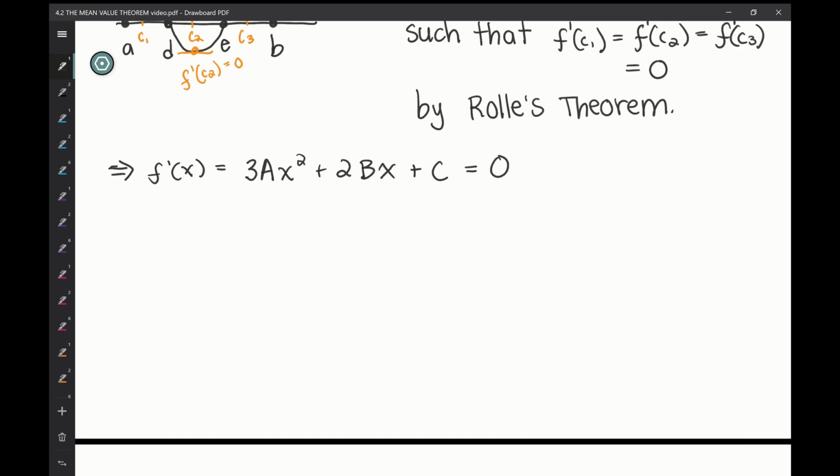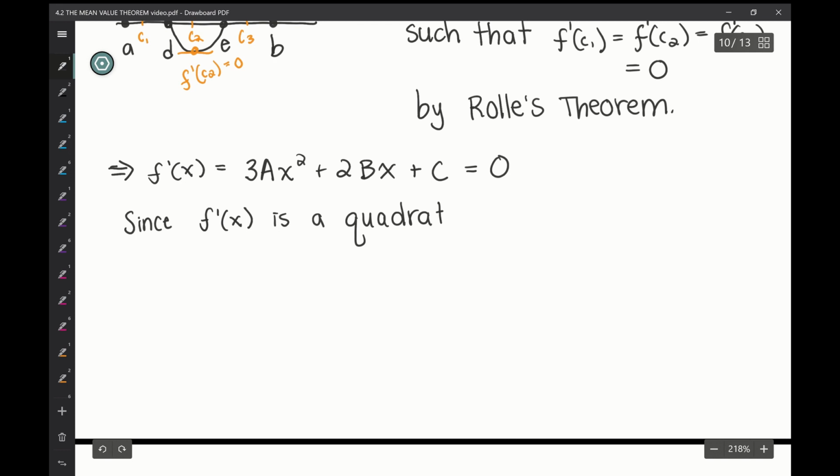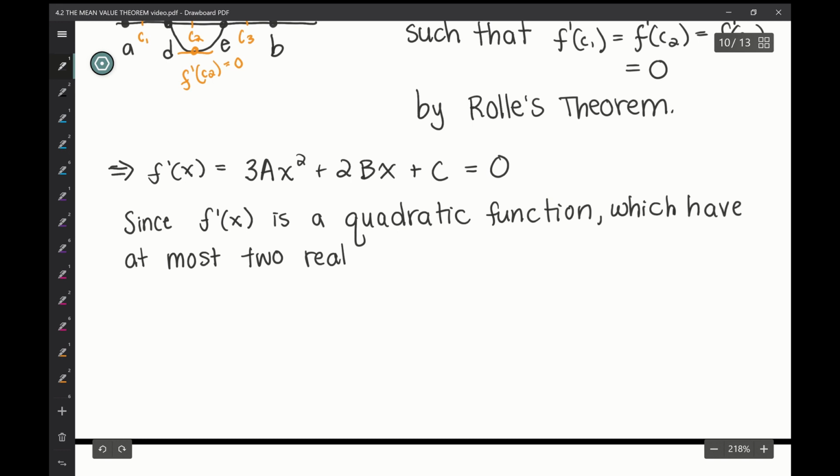Well, since f prime of x is a quadratic function, which has at most two real roots, we have arrived at a contradiction.